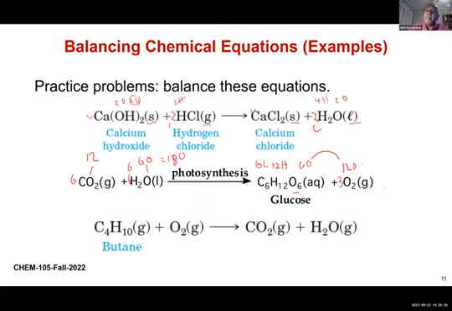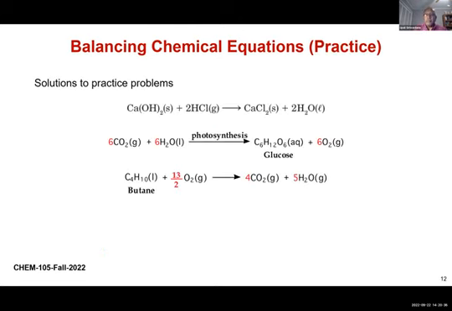To make it 12 more, you have to put a 6 here. I made a mistake here. It's 12 oxygens. 12 plus 6 is 18. So that's how you got it.